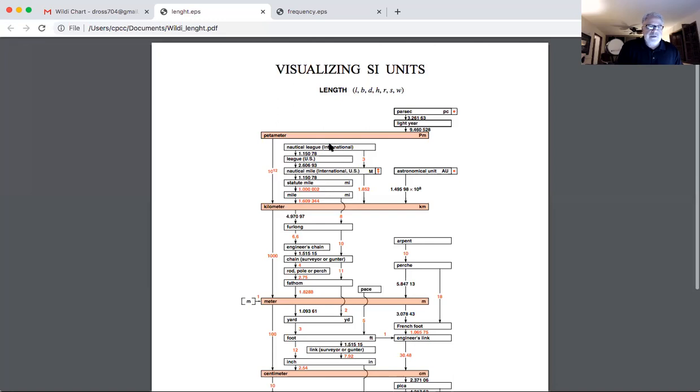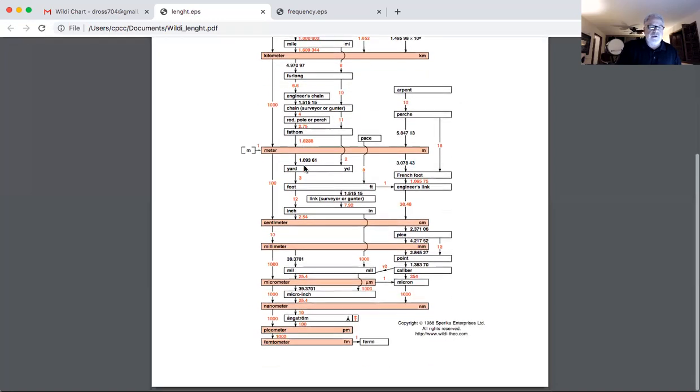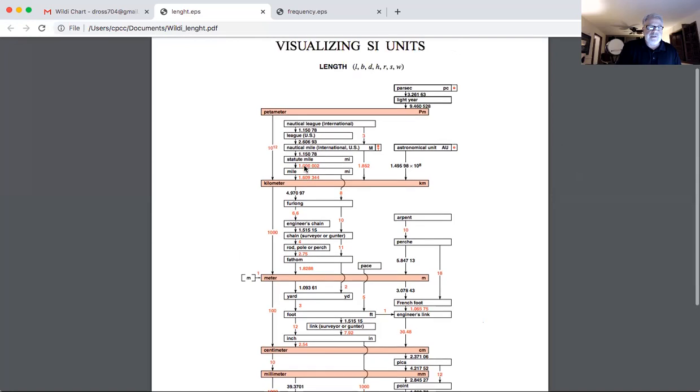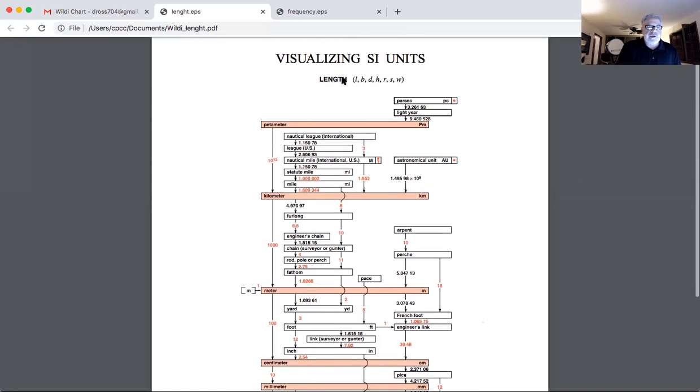But here's another chart. It's a little more complex, isn't it? This is one of his conversion charts for length. At the very top of this is the parsec, which you may have heard of in Star Wars or Star Trek or whatever. A parsec is equal to 3.26163 light years.